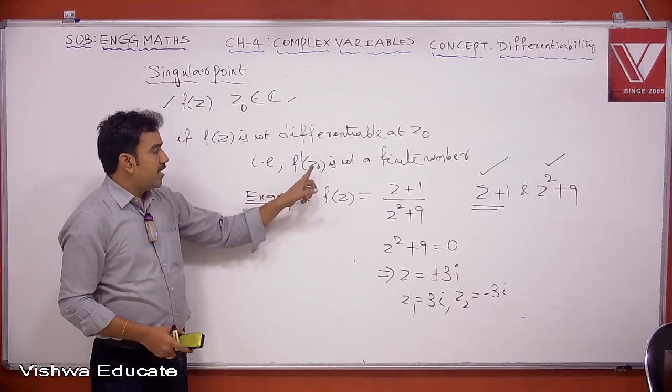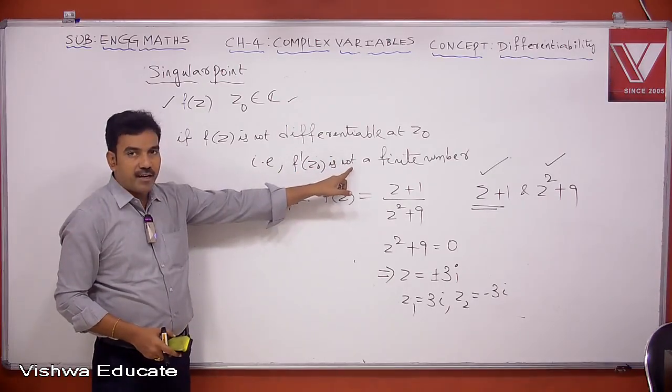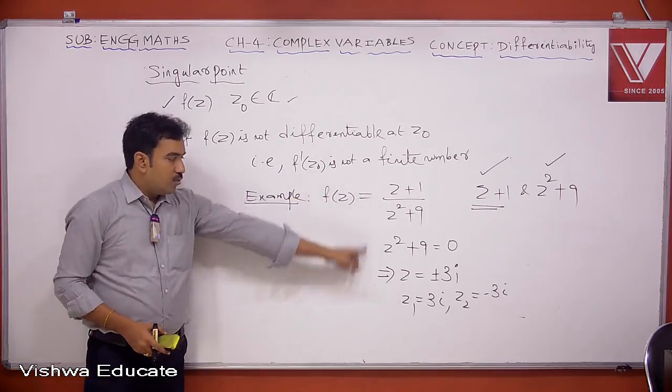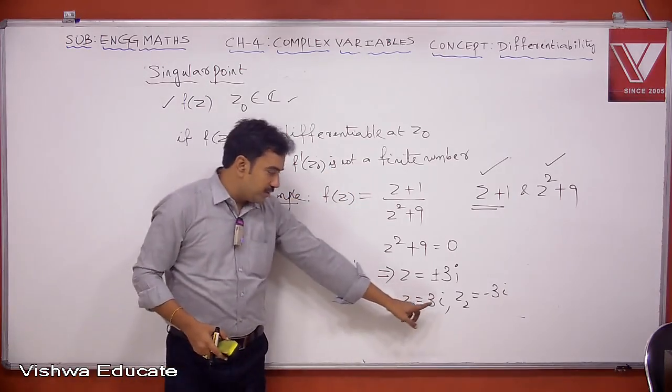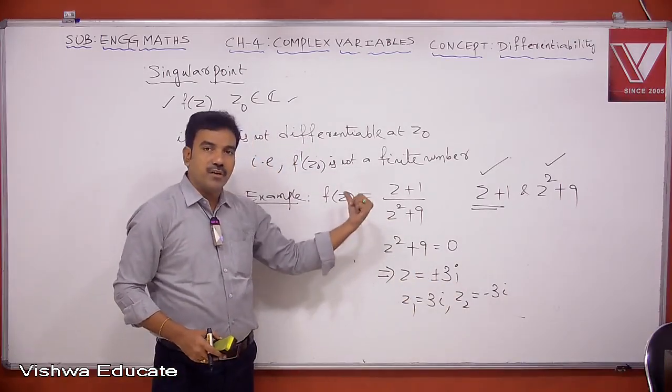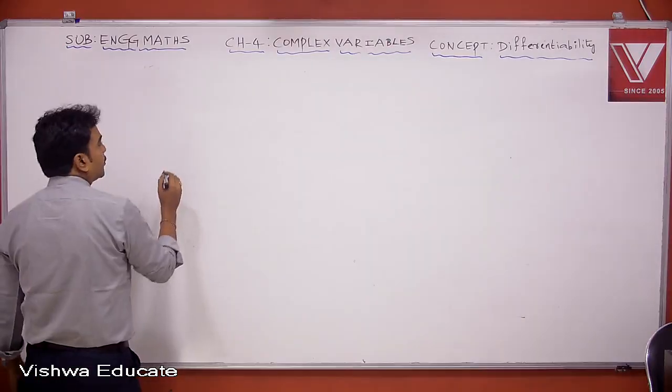That is, f dash of z naught is not a finite number. Write this example. Finally conclude that 3i and minus 3i are singular points of this function f of z. Definition: circle.